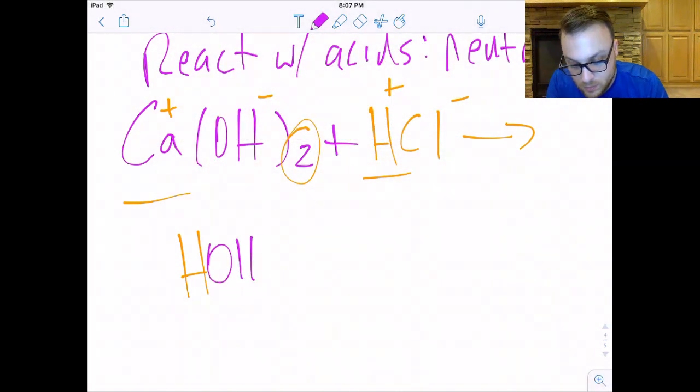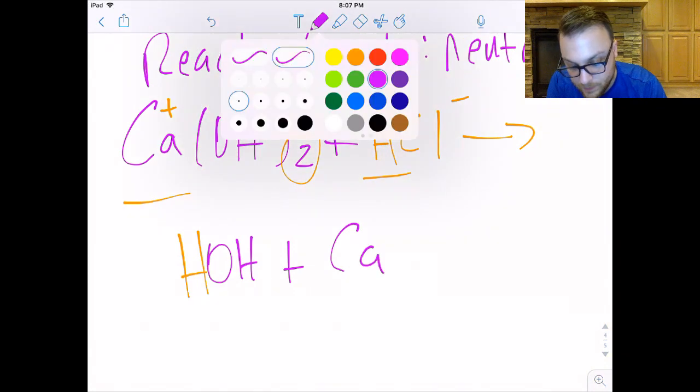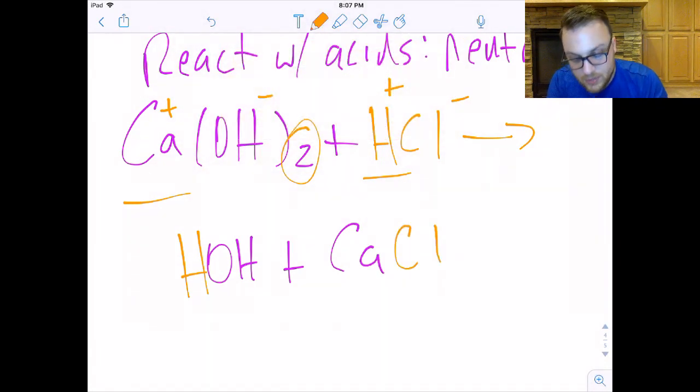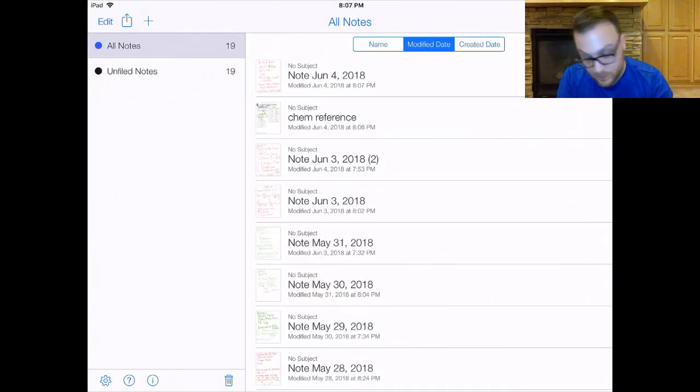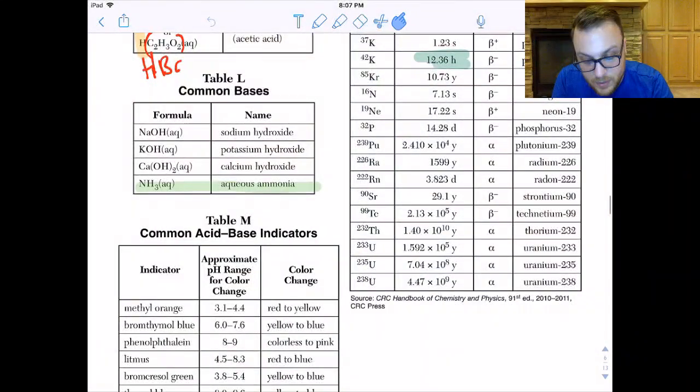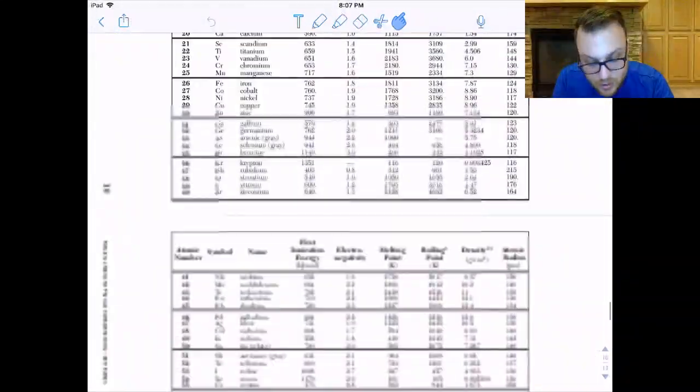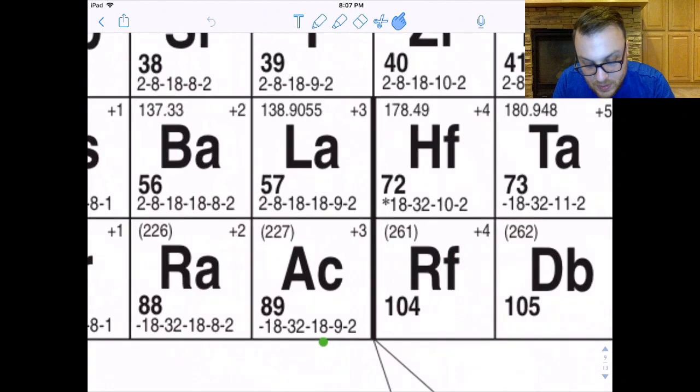and CaCl. Now you might think you're done. You're not. Anytime you have a double replacement reaction, make sure you go to the periodic table and check your darn charges. Ca has a charge of +2.